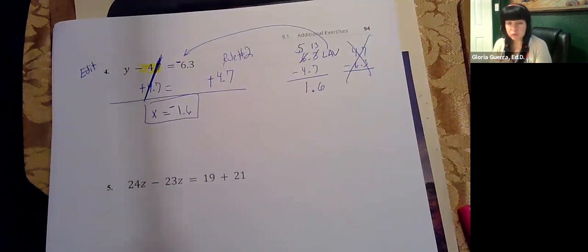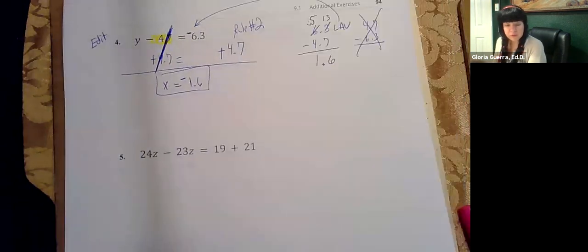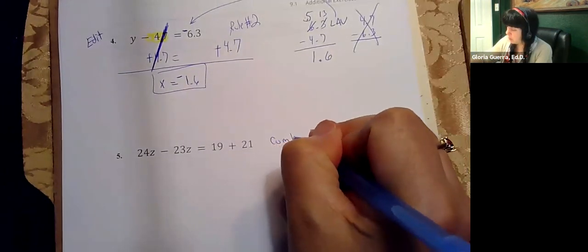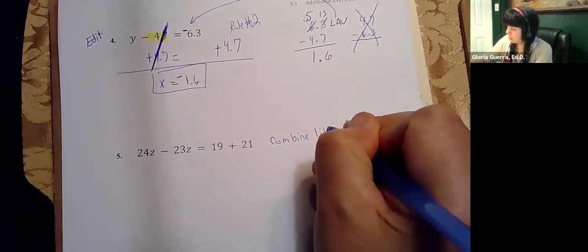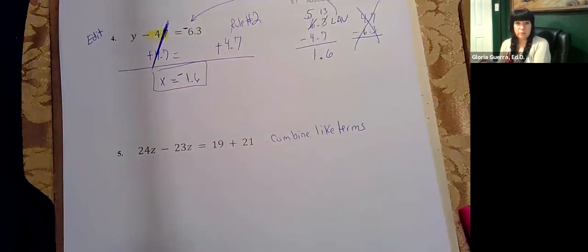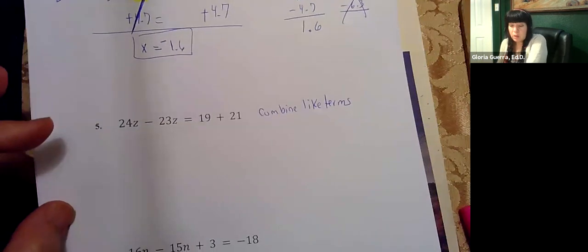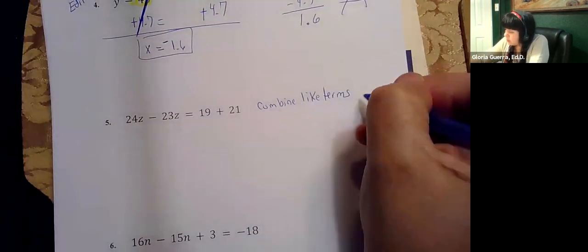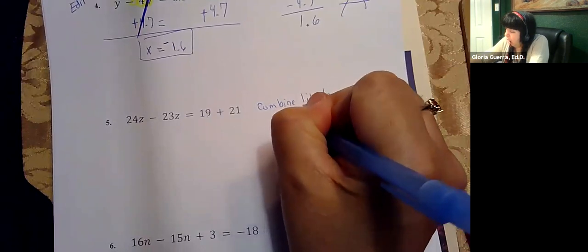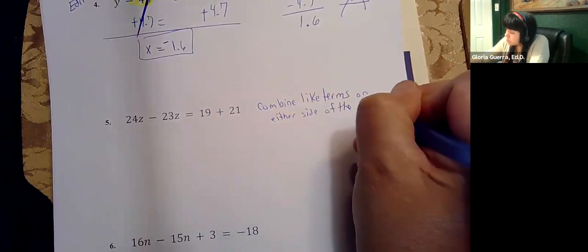Okay, now if we look at 24, on 24 we get to combine like terms. And so in our equation, we get to combine like terms on either side of the equation.